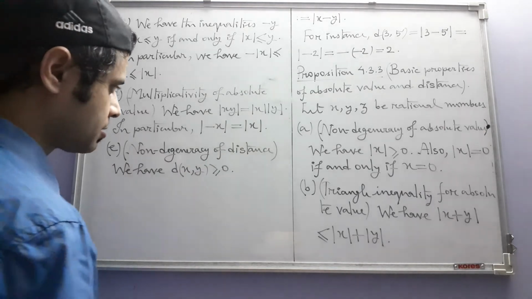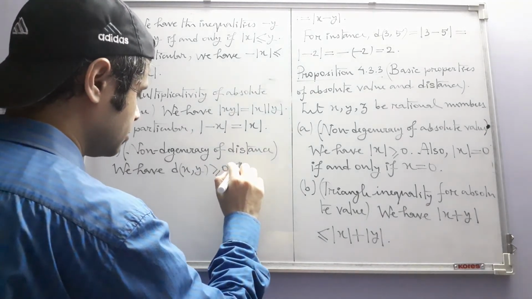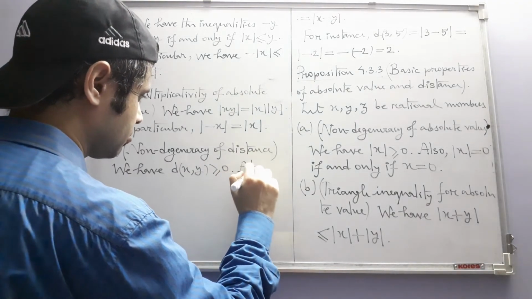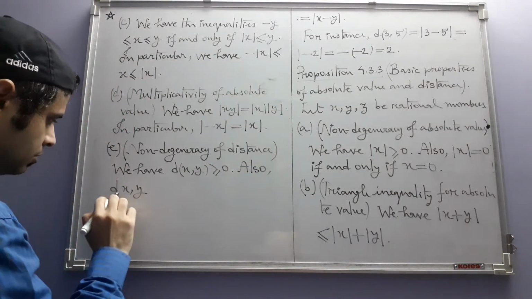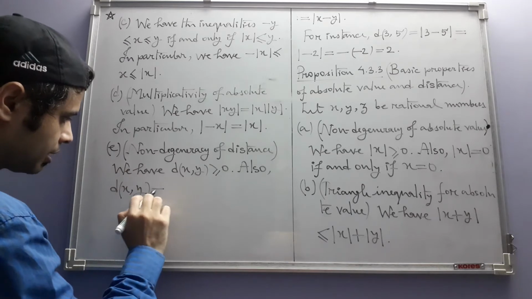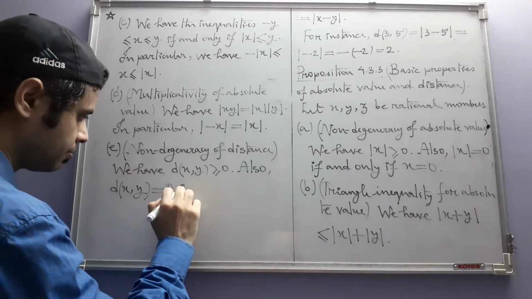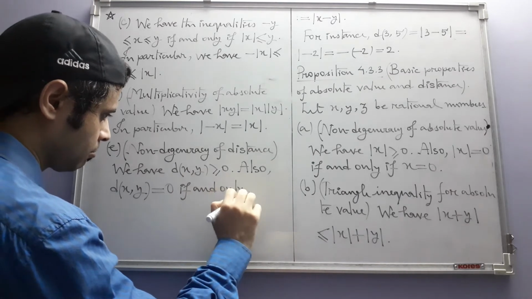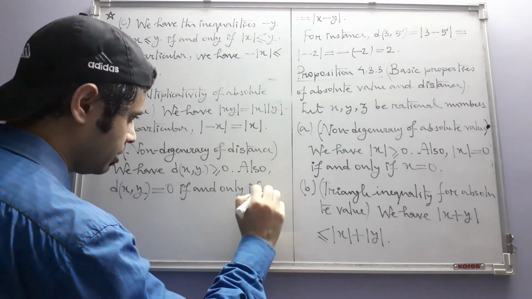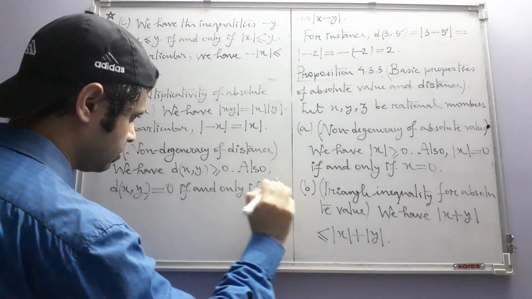We have this. Also, d of x comma y is equal to 0 if and only if x is equal to y.